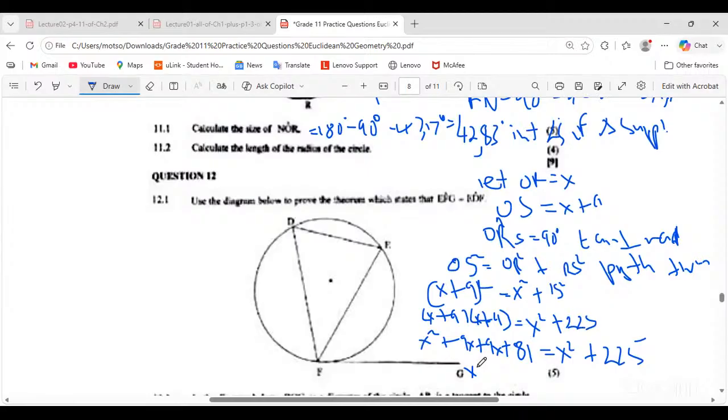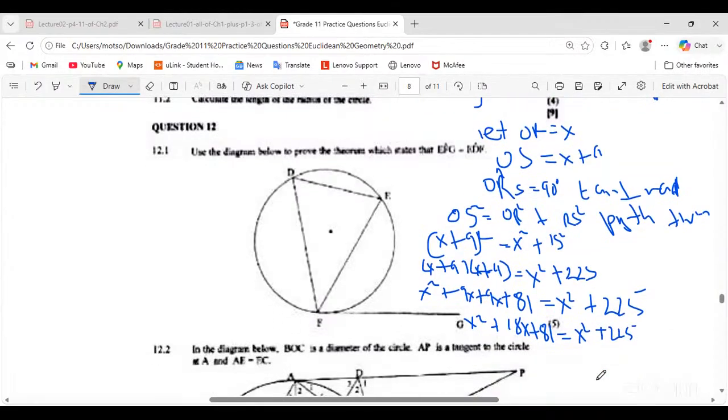Simplification of the left-hand side gives me x squared plus 18x plus 81 is equal to x squared plus 225. Now taking everything to the left-hand side, I get x squared minus x squared, plus 18x and 81 minus 225.